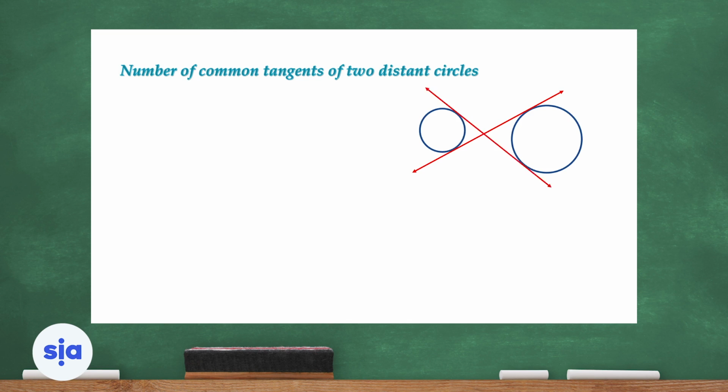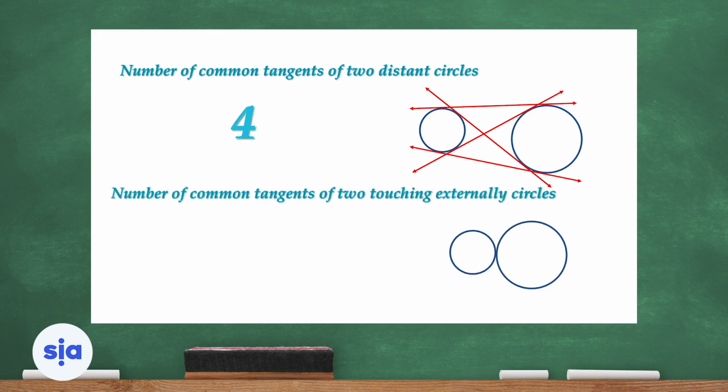We can have another one, another one, and another one. So, in your opinion, can we have any more? Excellent. We can have only four tangents drawn in common if the two circles are apart from each other.